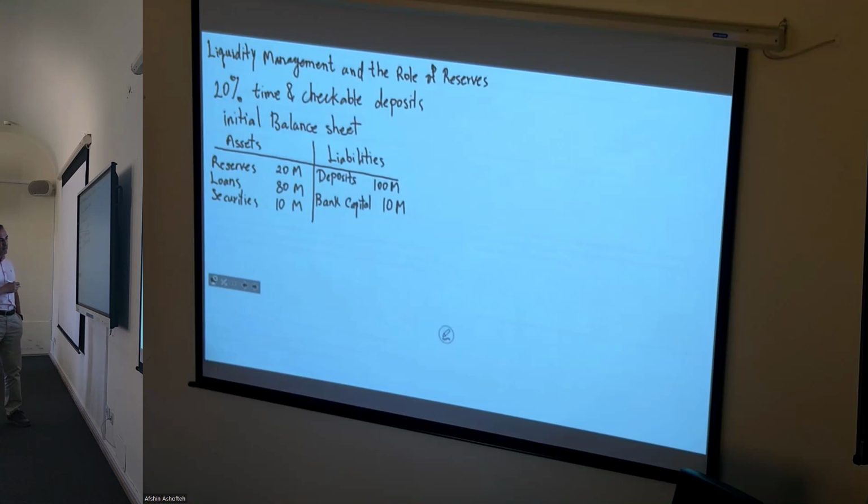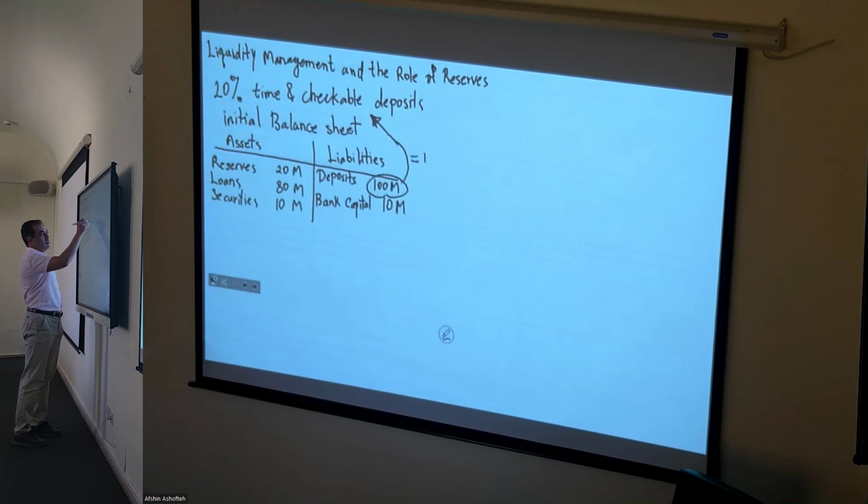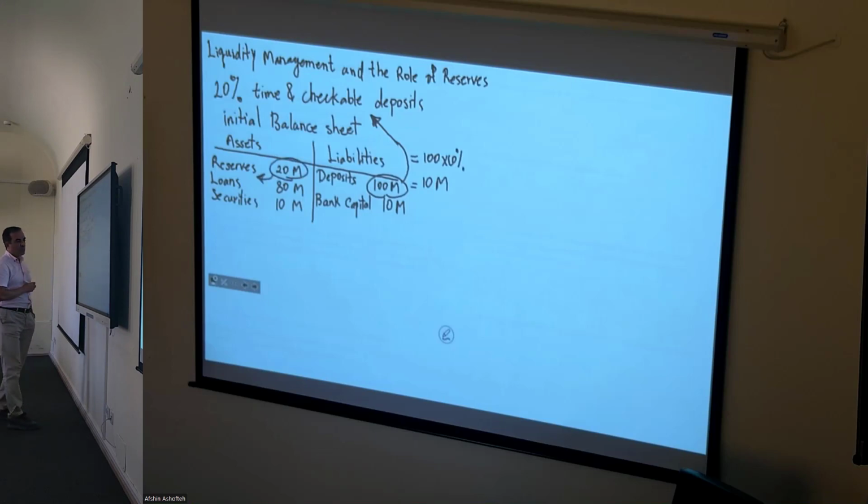The 10% of the 100 million means what? That 10%, it's 10 million, okay? Since it holds 20 million here as the reserve, this bank has excess reserves of how much? 10 million, okay?